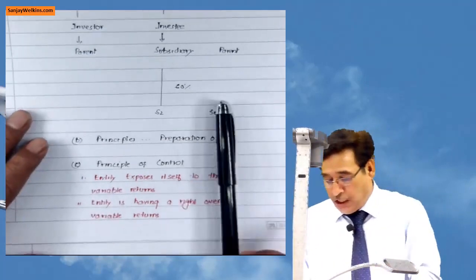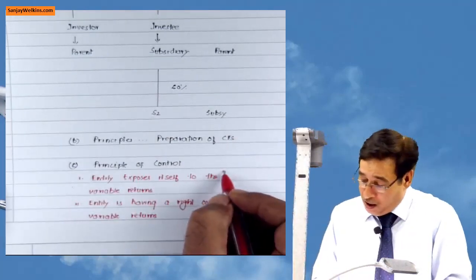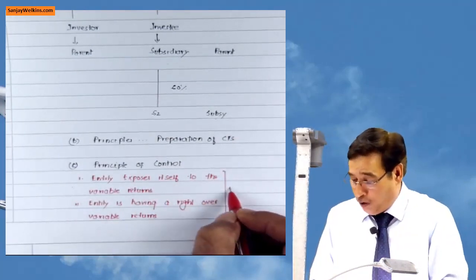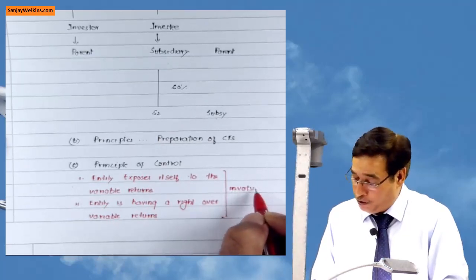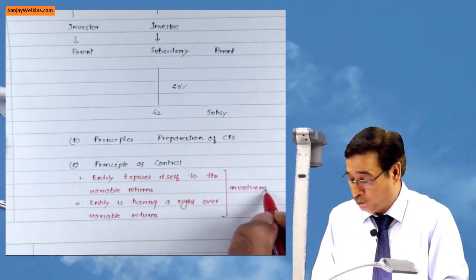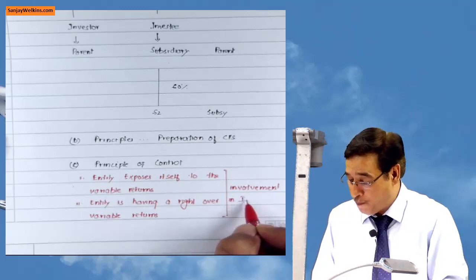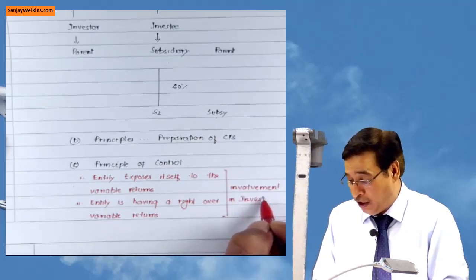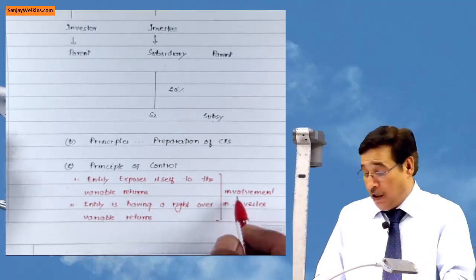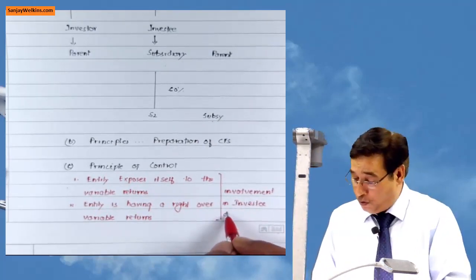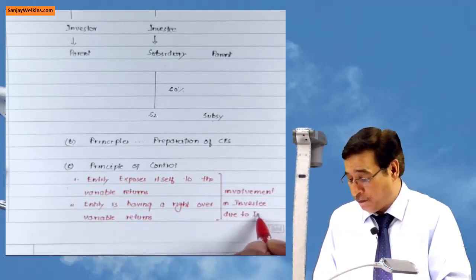That means these two things arise because of involvement in the investee. The investee is the company or entity wherein you have invested, involvement in the investee due to investments, because you have invested some amount over there.